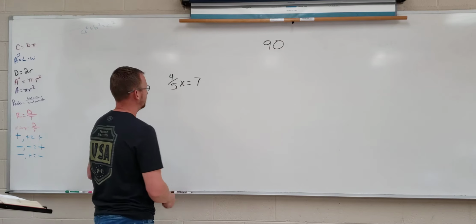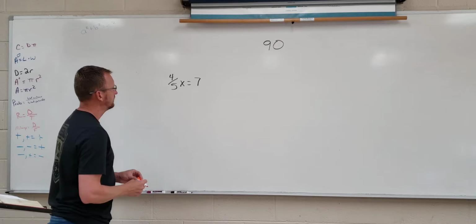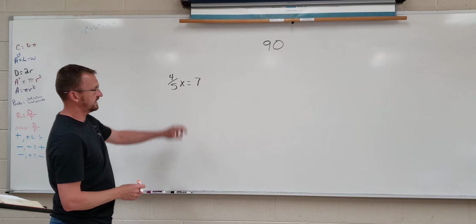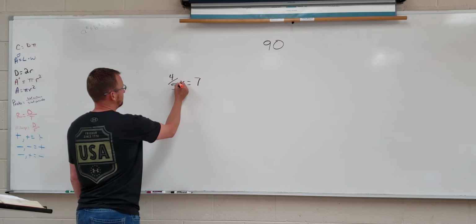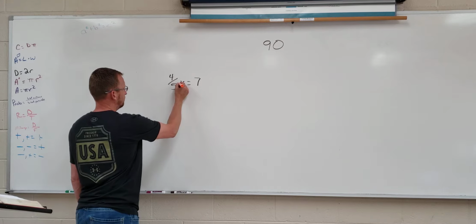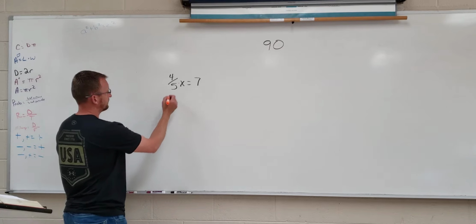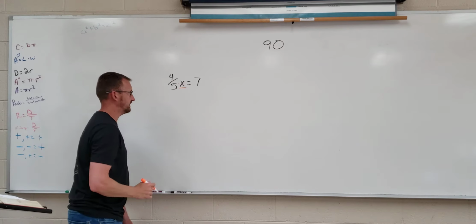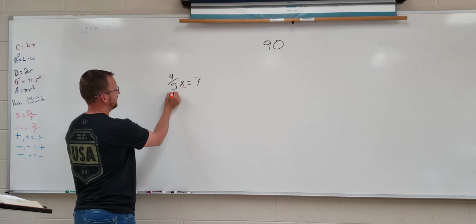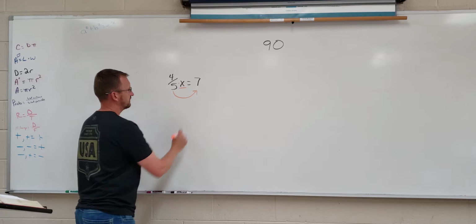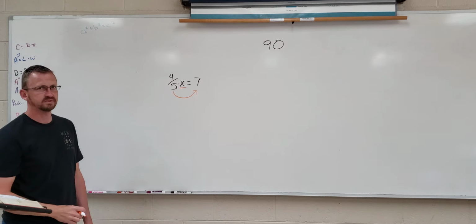Now, if you remember from what we have been doing, with 4/5 and x side by side, it means we are multiplying those. And hopefully you also remember that to solve this, we're trying to get x by itself. So to do that, we need to bring our 4/5 across the equal sign.